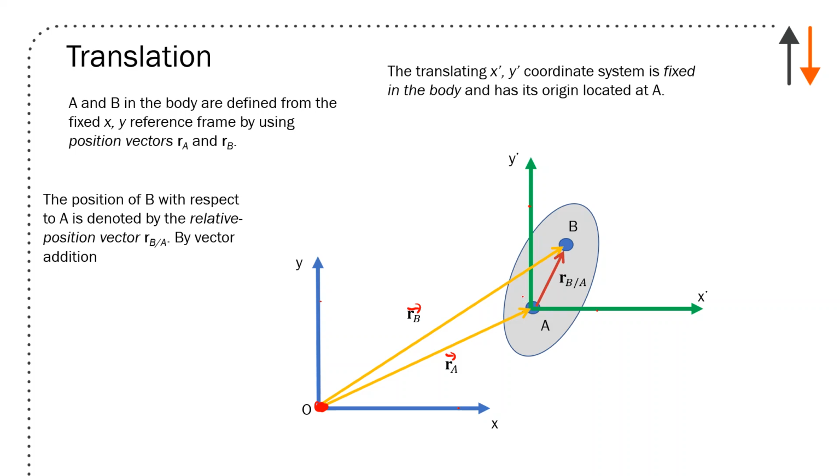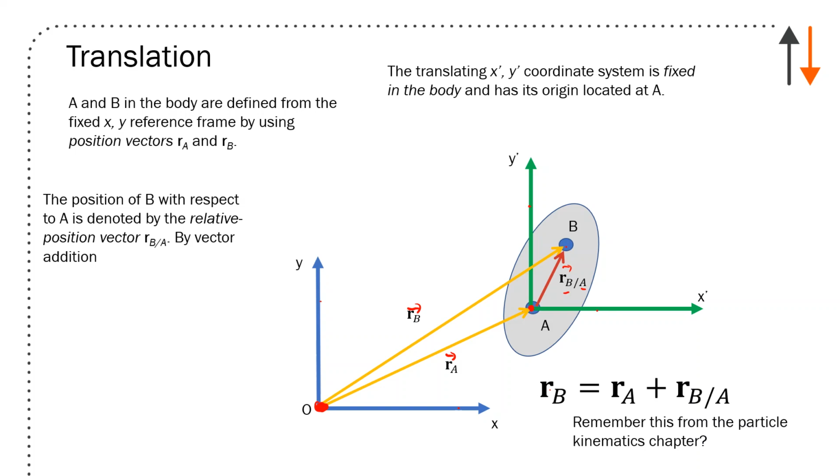But I can also define position B with respect to position A, and I'll have there, in that translating coordinate, a new vector, which is going to be r sub B with respect to A. And so position of B from here to here can be defined by the vector sum of r sub A plus r sub B relative to A.